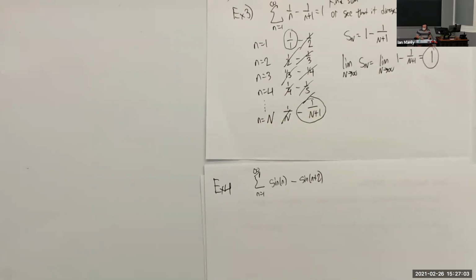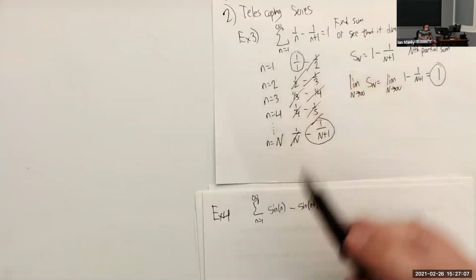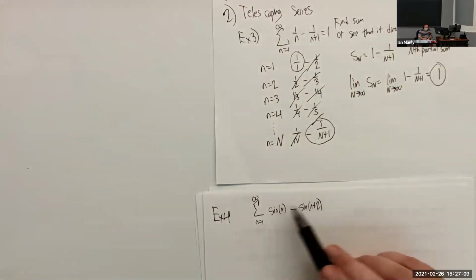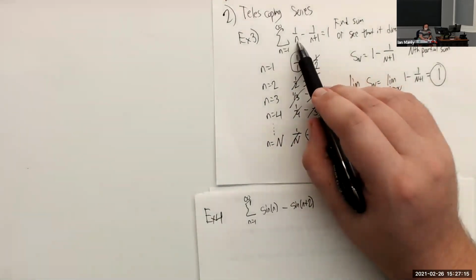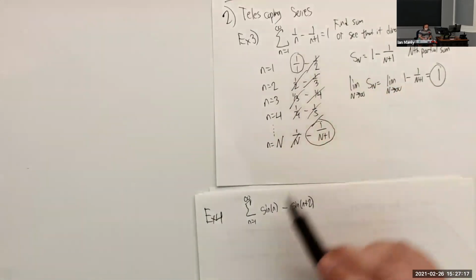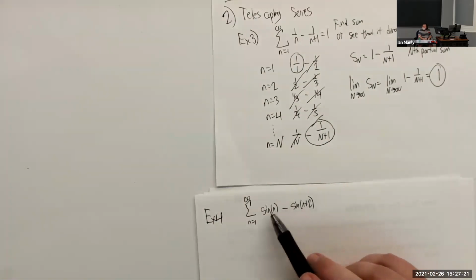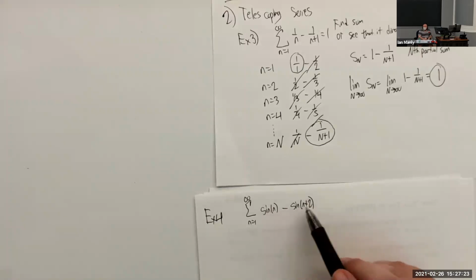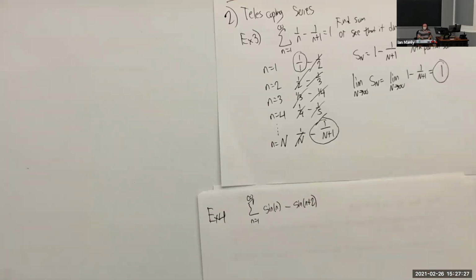Okay, now this one looks pretty different from the previous one, but there is one thing that they have in common, and that's they have two of the same type of function, with the only difference being what you're adding to the n. So here I have 1 over n, and here I have 1 over n plus 1. Here I have sine of n, and here I have sine of n plus 2. So it's the same function being subtracted, just with a slightly different input. That's a really good sign that you have a telescoping series.